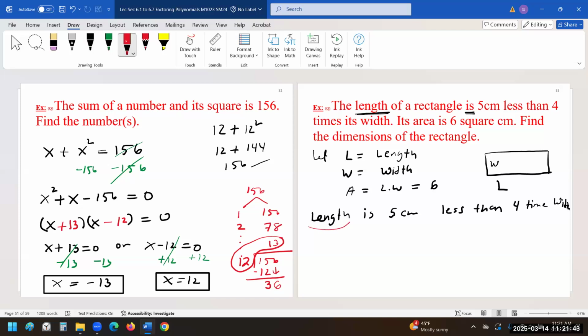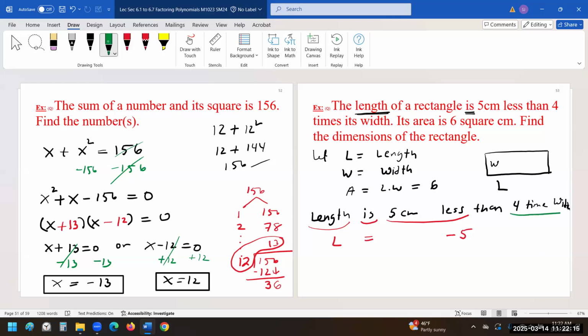Length. What symbol are we using here for length? L. Is. In math, which symbol do we use for is? Equal. Good. Then we have 5 centimeter less. Anytime you have something less, do you add that or do you subtract that amount? Subtract. 5 less. So since we're going to subtract, you should write it minus 5.